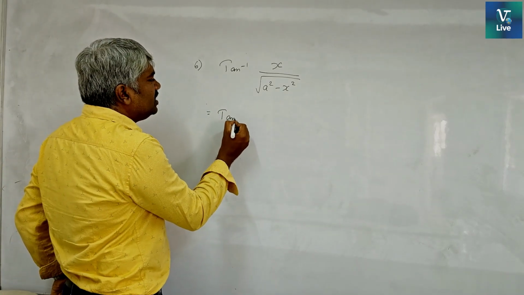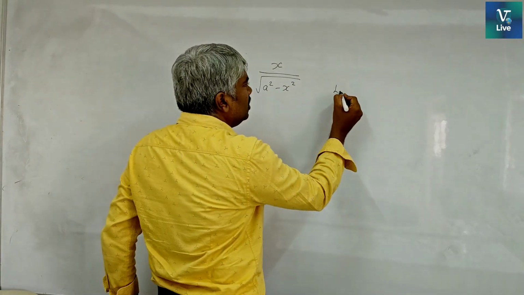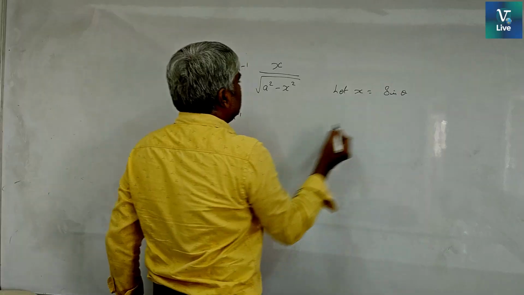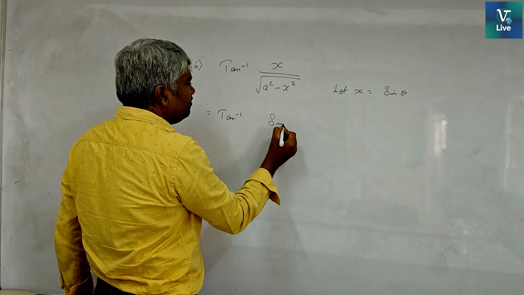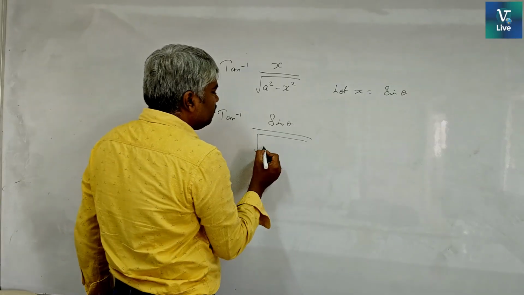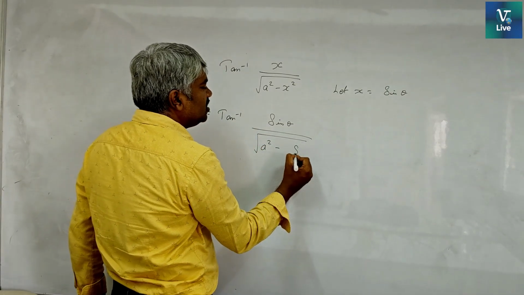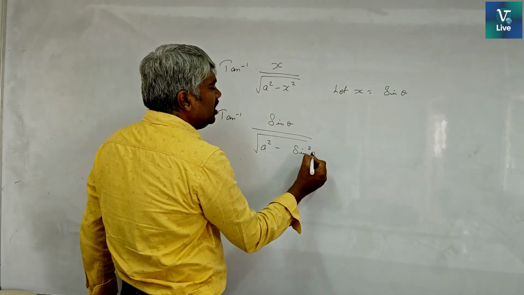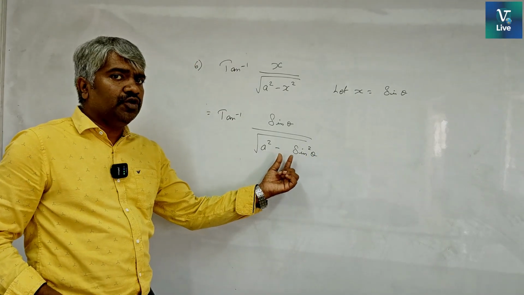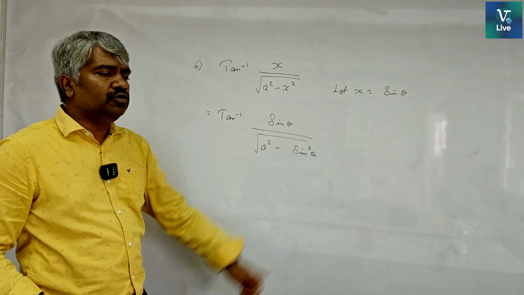Let x equal sine theta. So tan inverse of sine theta by root of a square minus sine square theta.